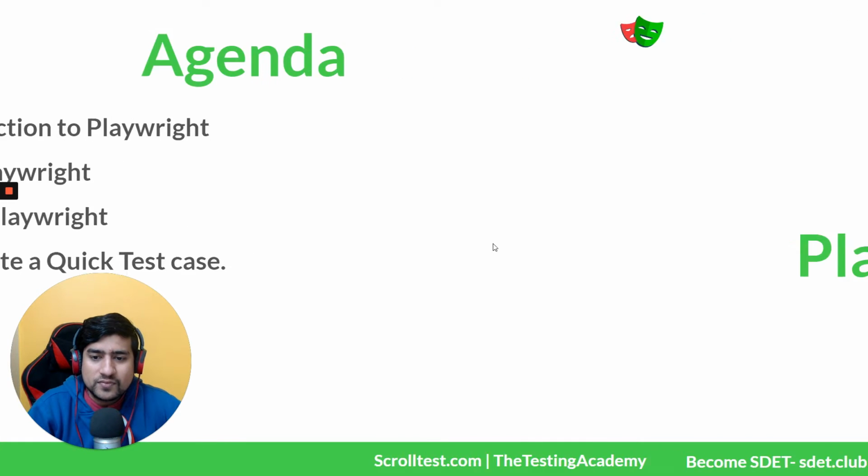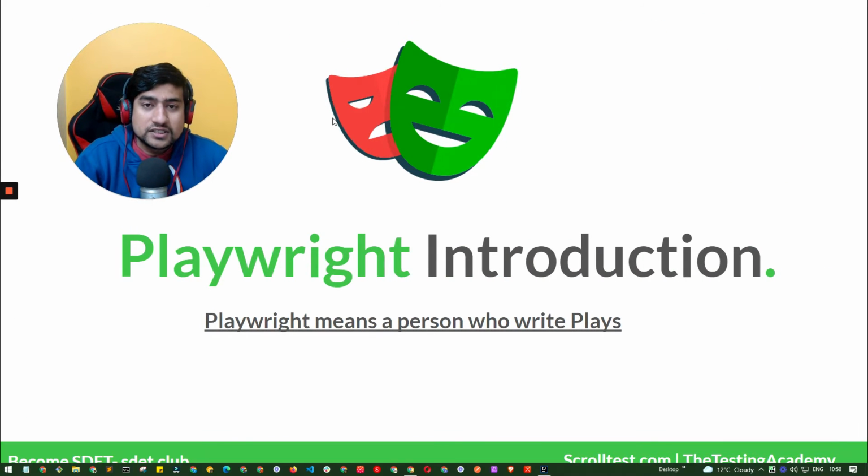Guys, this series will set you on a path where you will be learning end-to-end automation with Playwright. You will learn different concepts, like how to handle selectors, page object model, and how to handle frames and other things which are quite similar to Selenium that you have learned.